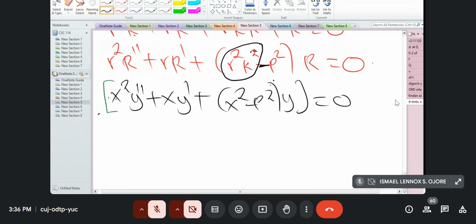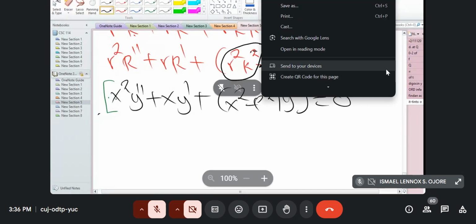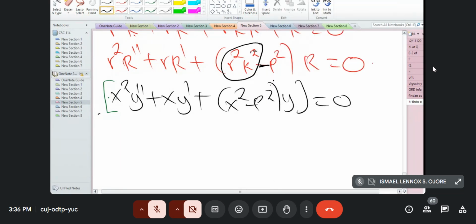So after separating the variables, we are ending up with the equation involving R: R squared R double prime plus R prime plus R squared times k squared minus p squared times R equals 0. So we need to transform it to become Bessel's. We want this term to be some single index squared.